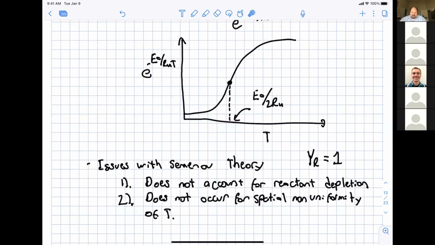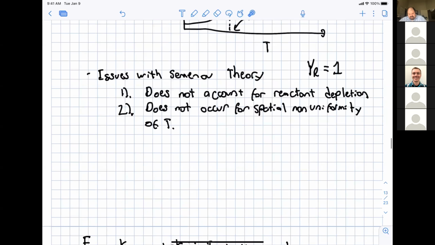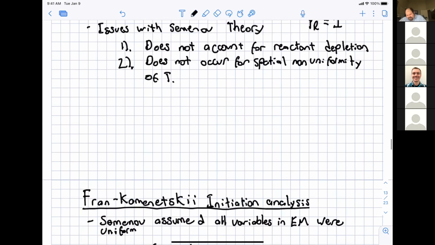Okay, and the other thing is that we assumed that whatever shape our box was, no matter how small or how big, the temperature was perfectly uniform. That the temperature near the outer walls, where you have the heat loss occurring, is the same as the temperature in the very center.